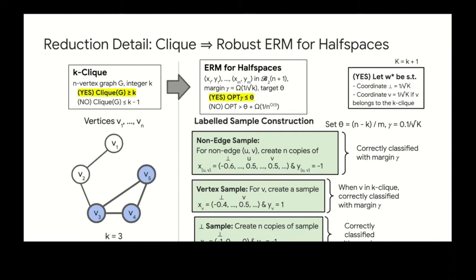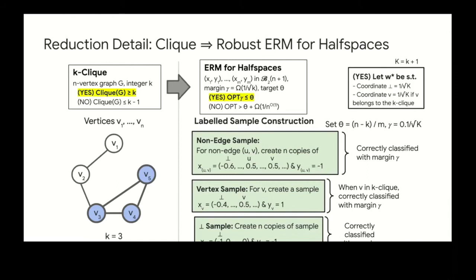How about the vertex sample? For the vertex sample, if we do not pick V, then we will misclassify this point. However, if we pick V, we will get 0.5 over square root big K from V and minus 0.4 over square root big K from the null, and we will correctly classify this point with margin gamma.